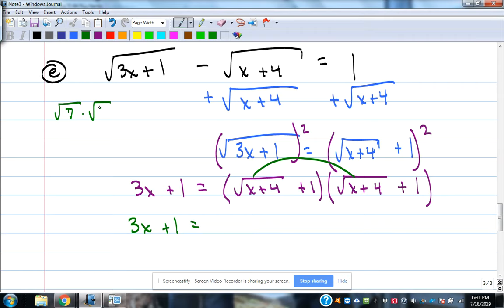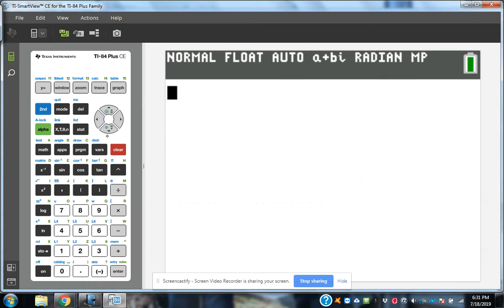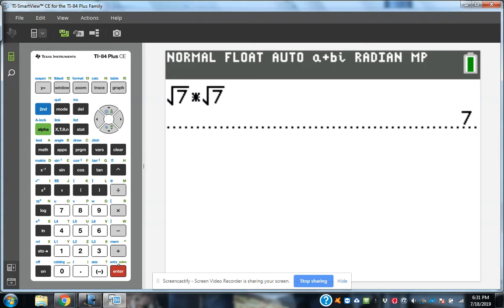What happens if you multiply, just think about this as a side thing here. What's square root of 7 times square root of 7? It might even be better to think about it on the calculator. If I multiplied the square root of 7 times the square root of 7, I get whatever was underneath the radical, right? I'd do the same thing if I did the square root of 114 times the square root of 114.